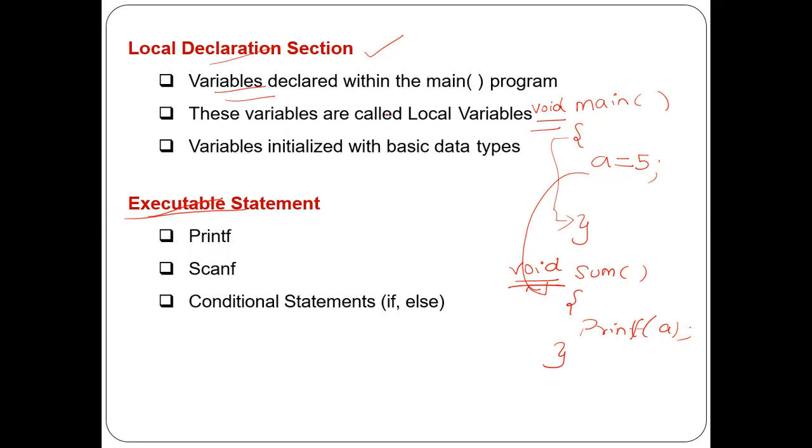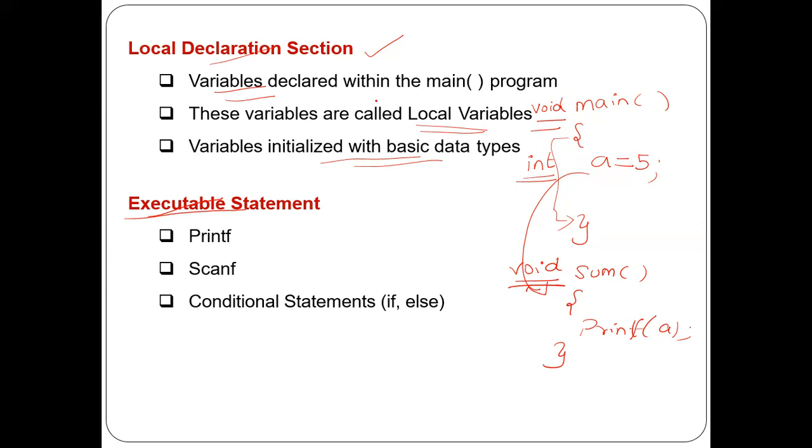So these variables are called local variables, and variables are declared with data types. You may not know what a data type is as of now, so we'll see further. Just remember that one data type is called integer. The short form of integer is int. Likewise, there are so many data types. So variables are declared with a basic data type.